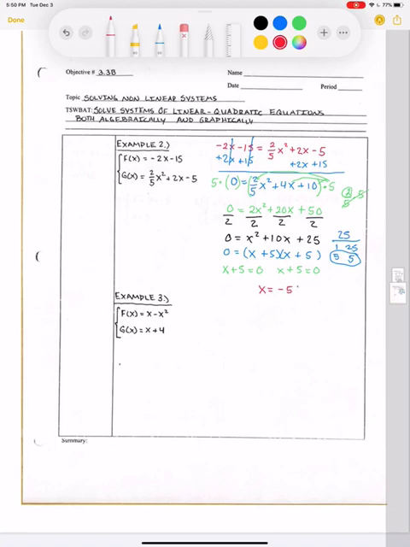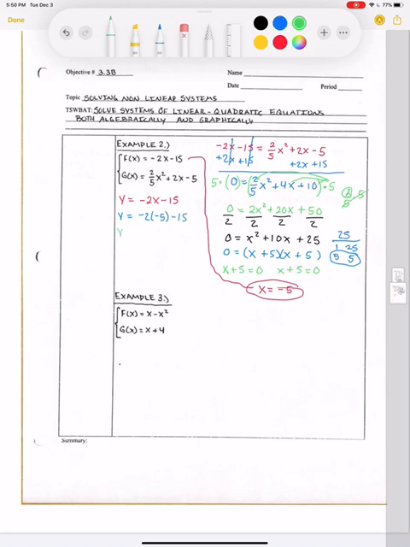So now that I know x equals negative 5, what I'm going to do is take it and plug it in to the linear equation. That's going to be y equals negative 2x minus 15. And I just figured out that x is negative 5. So y equals negative 2 times negative 5 minus 15.